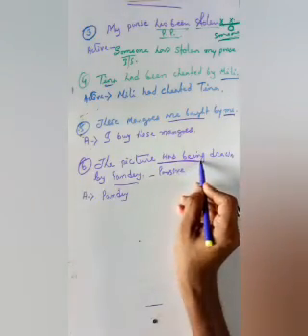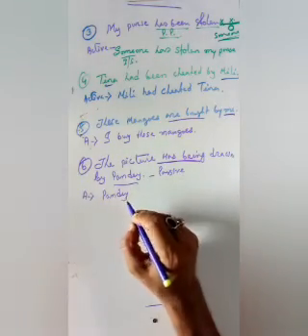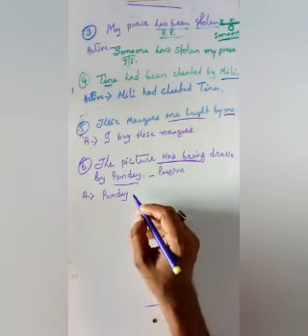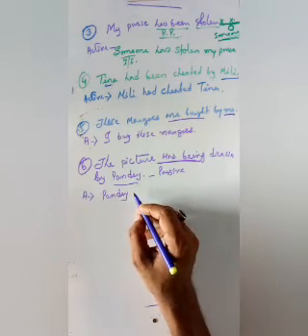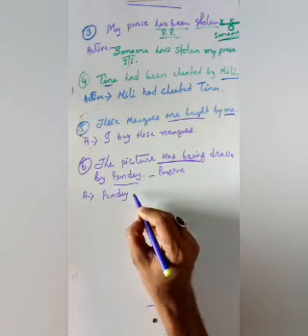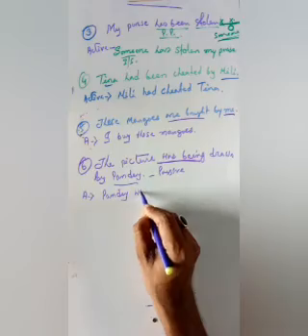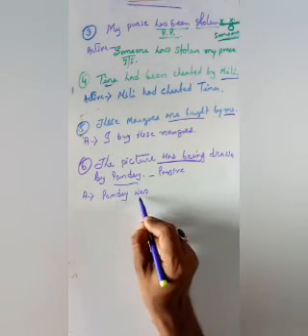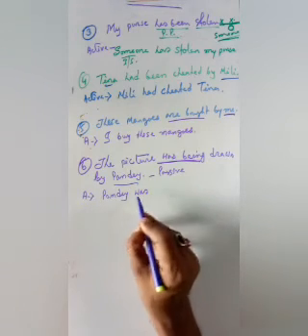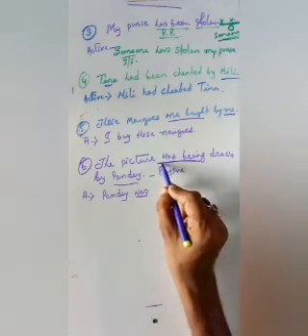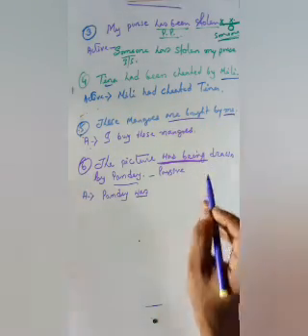Was being means past continuous tense. So in continuous tense, in active voice also there is use of auxiliary verb, so it will be used here as well. Pandey was. Now, in the case of past continuous tense, in active voice the auxiliary is was, in passive voice the auxiliary is was being.